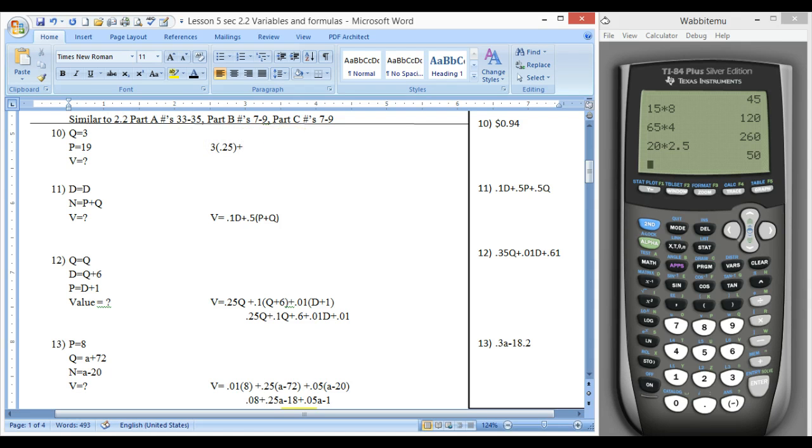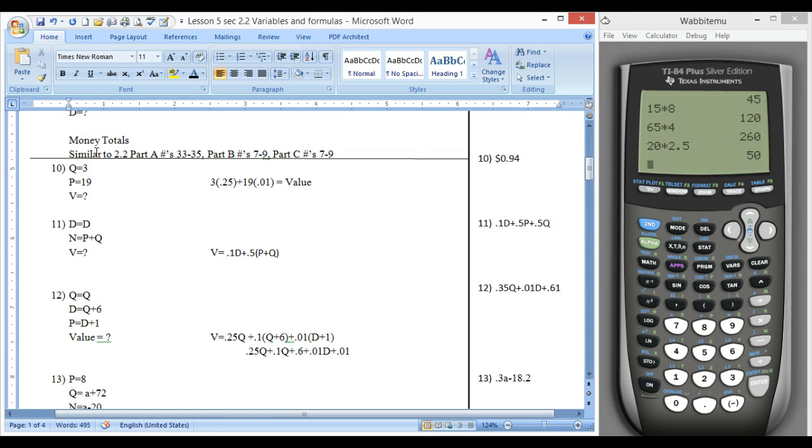Now I need to add this to whatever else I have. In this case, I have pennies, and I have 19 of them. So I need how many, times it by the value of a penny, 0.01, and this will give me the total I have, or in their case, they say value for the whole money. What did they call this? Money totals.